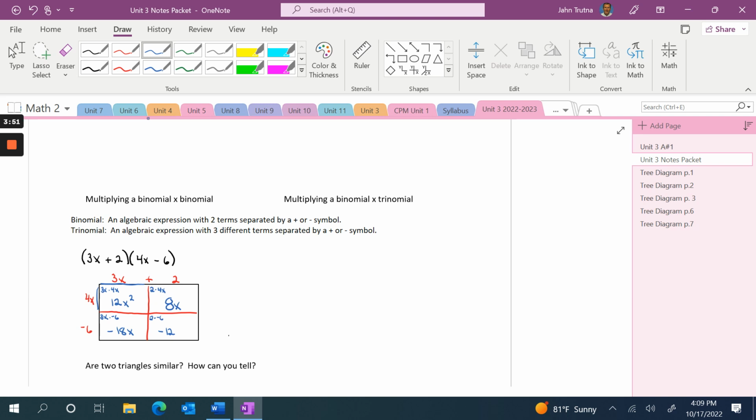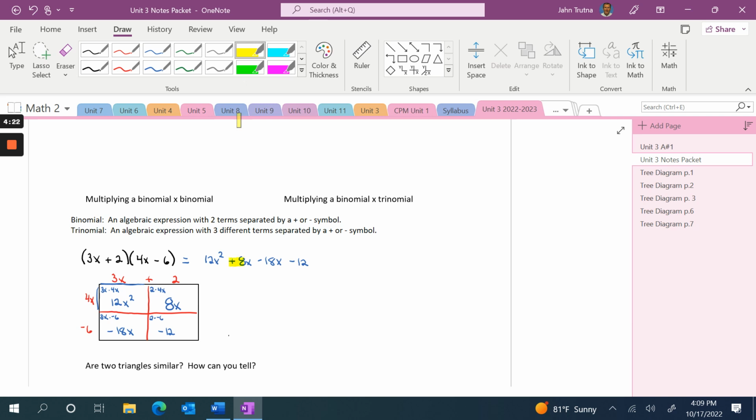So that means that 3x plus 2 multiplied with 4x minus 6 is equal to 12x squared plus 8x minus 18x minus 12. And that would be my answer if this cannot be simplified.